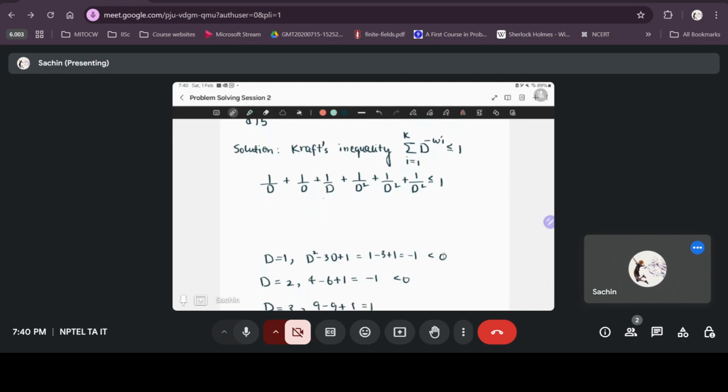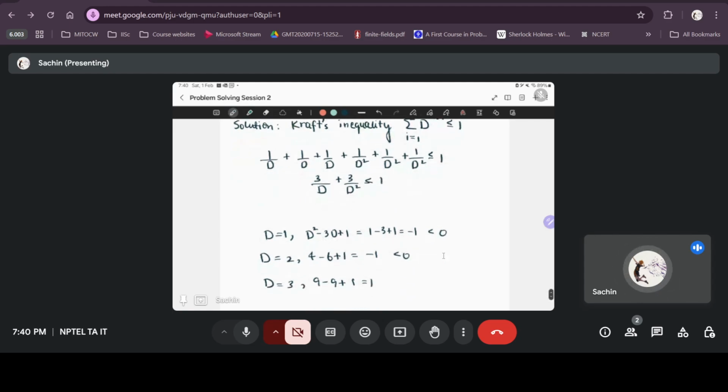Just 3 by d plus 3 by d square less than or equal to 1, which is 3d plus 3 less than or equal to d square. So this is actually, sorry for that, this is actually d square minus 3d minus 3 should be greater or equal to 0.